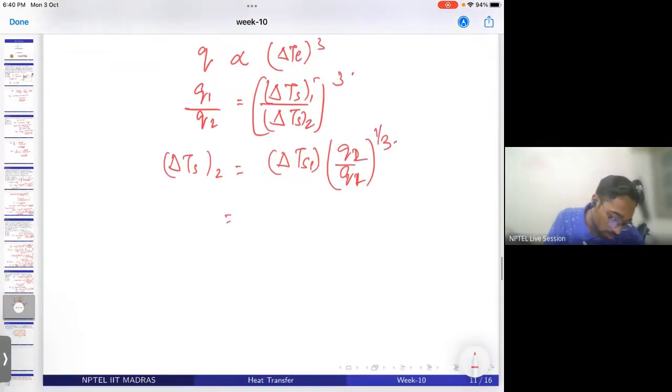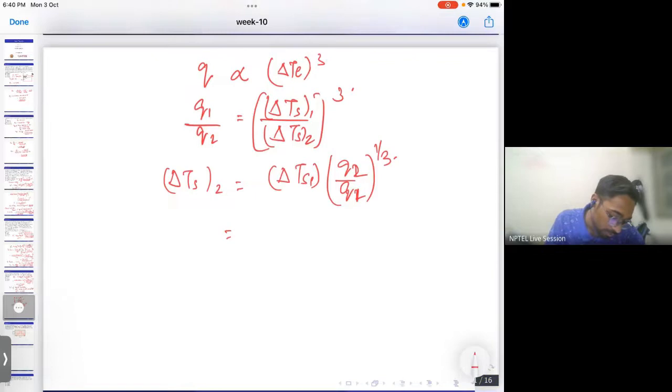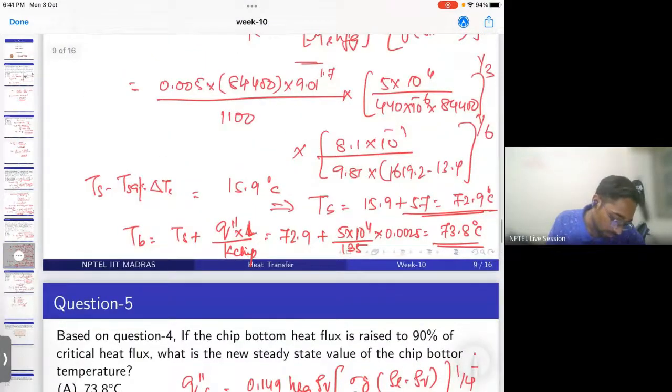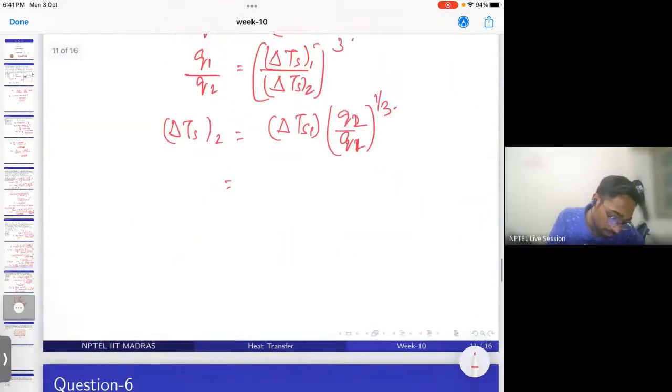So this is equal to how much? We've already found out this as 15.9. So 15.9 into 13.9 divided by 5 raised to 1 by 3.